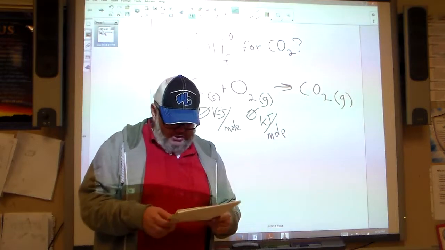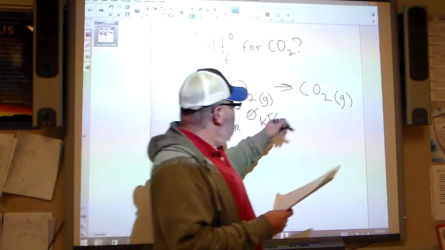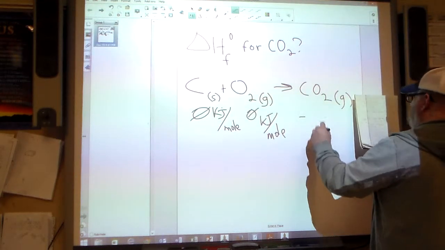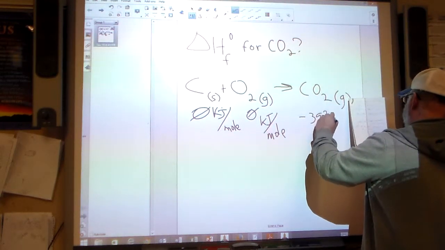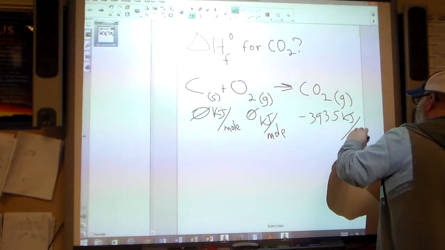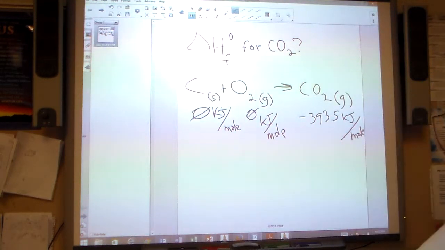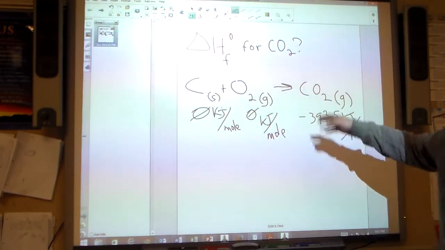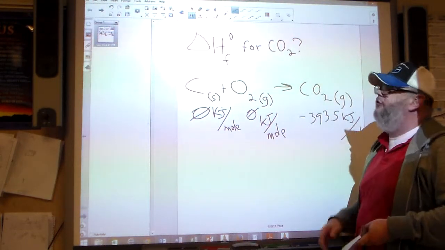Now we have CO2. The value of the CO2 formation is negative 393.5 kJ per mole. So we have our delta H formations for carbon, oxygen, and carbon dioxide.